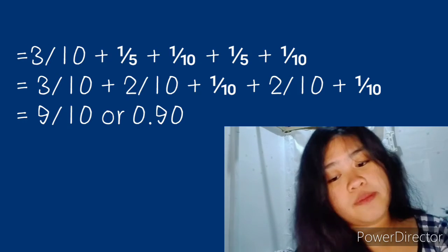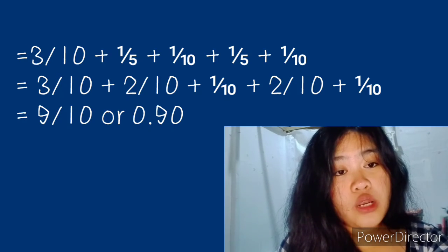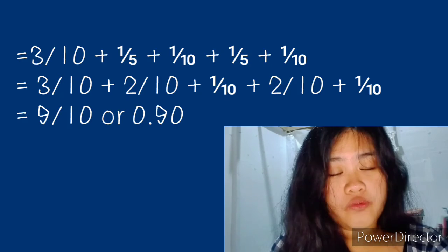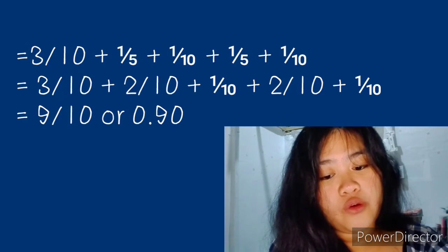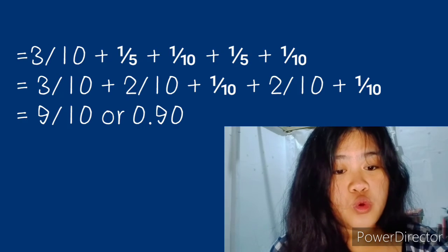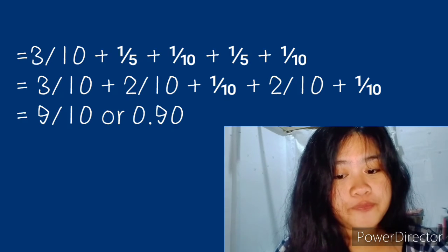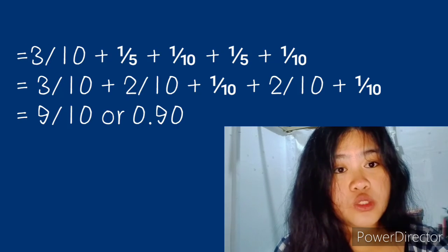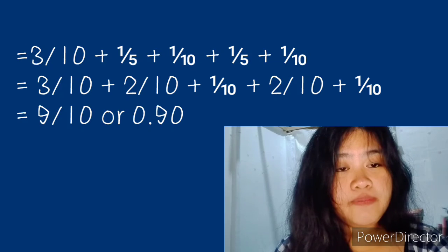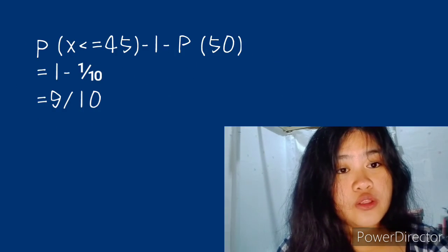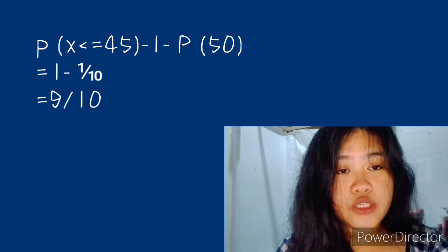It will be 3 over 10 plus 1 over 5 plus 1 over 10 plus 1 over 5 plus 1 over 10. On the second part, we have 3 over 10 plus 2 over 10 plus 1 over 10 plus 2 over 10 plus 1 over 10. We are just going to add it and it will be equal to 9 over 10, or we can simplify it into 0.90.